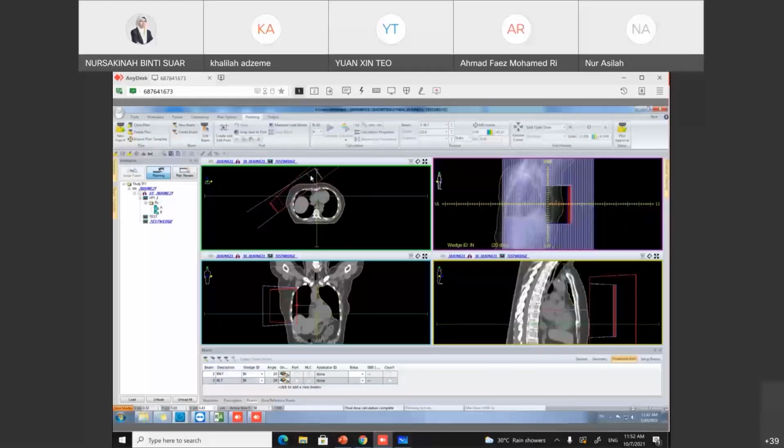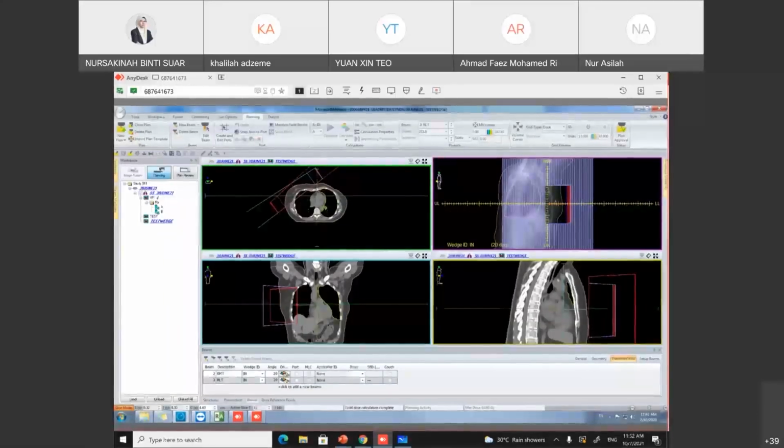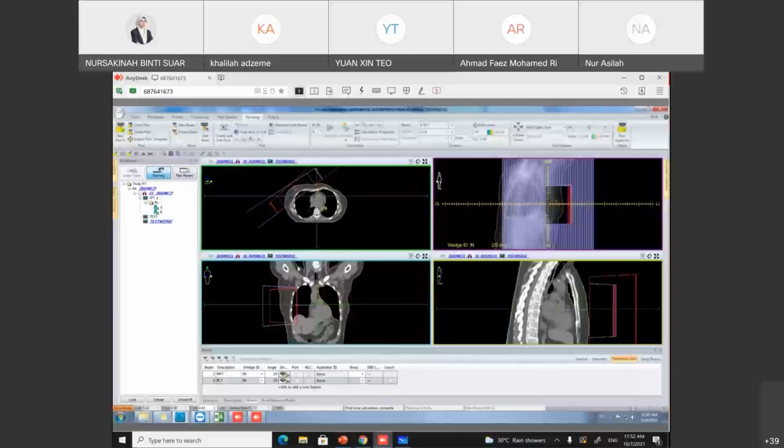This is to avoid the lung dose, the heart dose, the liver dose. From this technique, after we define the treatment field for the breast, it looks like this. The field size for a standard breast field is from 17 to 20, depending on how big the patient's breast is. For this patient, this is a foreigner.